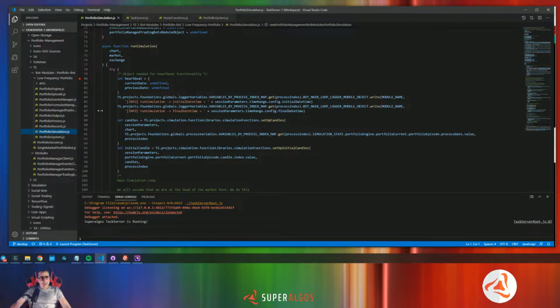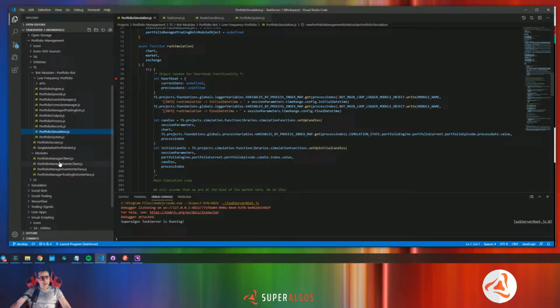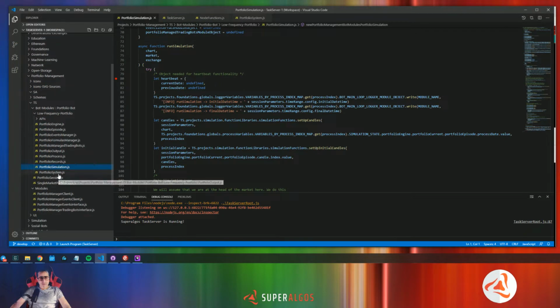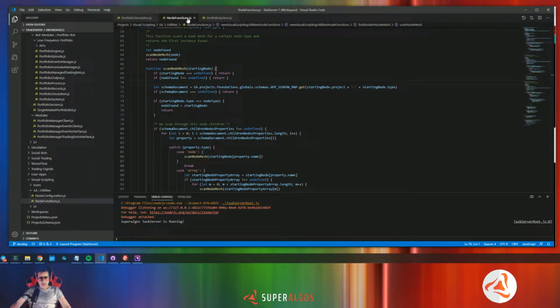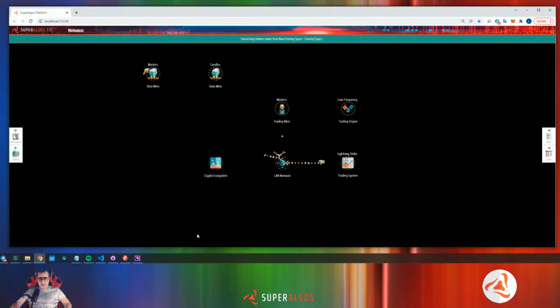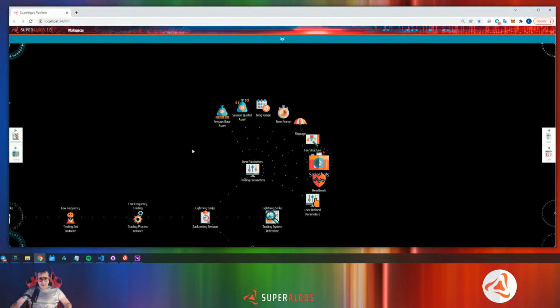We will have here at task 1 the portfolio manager modules to run, starting at the simulation. We don't really need this task server. Node functions. Okay, so here we have the simulation and this.